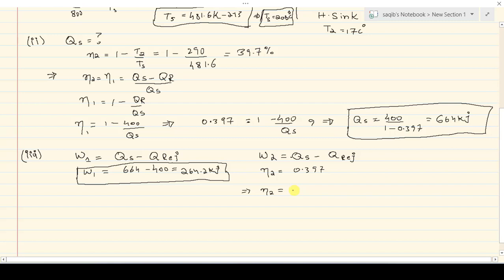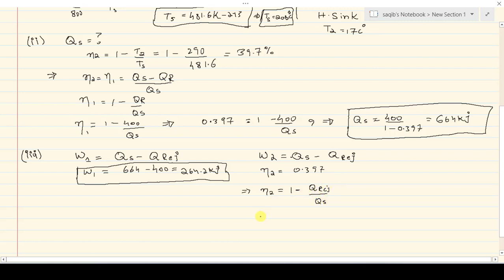In terms of heat, it is 1 minus heat rejected divided by heat supplied.